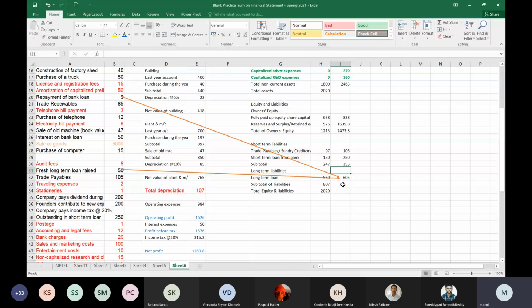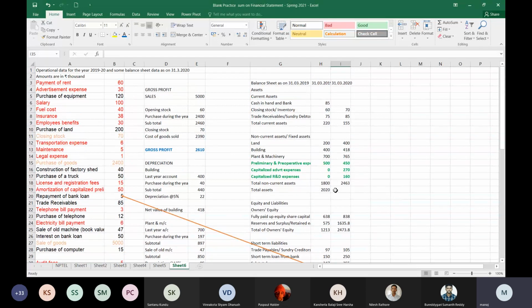Then subtotal of liabilities is equal to this subtotal plus long-term. We are done, 960. Total equity and liability is equal to this one plus this one. So we are done, 3433. This side is completely done. This side will be done once we have the cash. Other things are done. As simple as that.